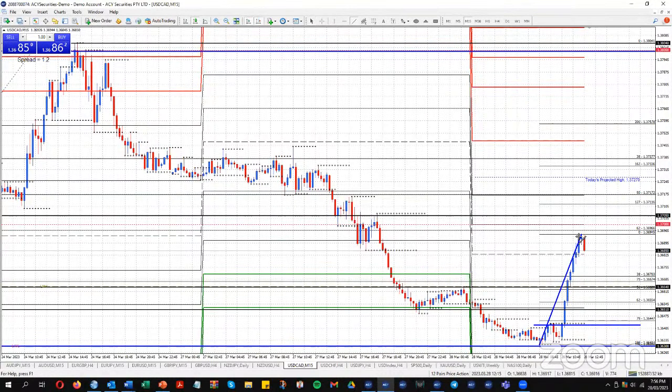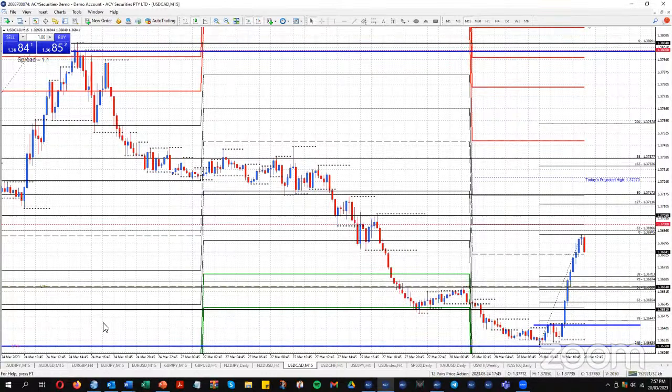Could be support at the 79% level there, if it was to pull back there. You can monitor, see whether you can get a healthy pullback that you'd like to buy on that pair there.